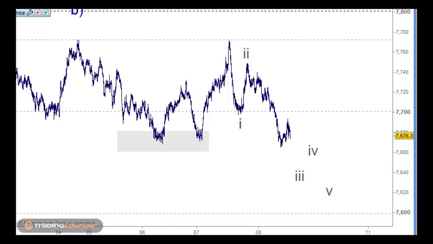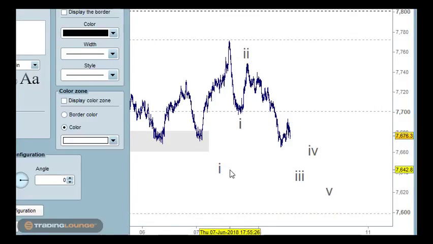I'll just check on the cash market, just bear with me one second, just see if I can double check that and sort that out a little bit. Right, so we have to look at this as wave 1 coming down here now. Yep. So get that out of the way a bit.